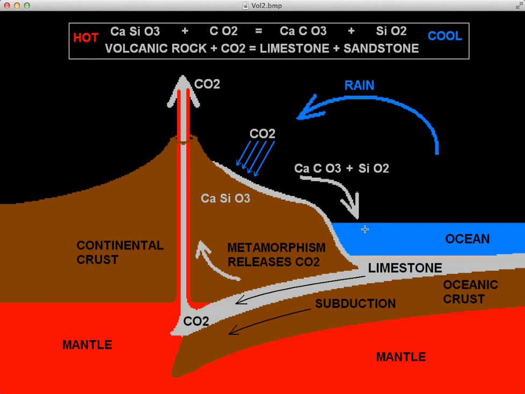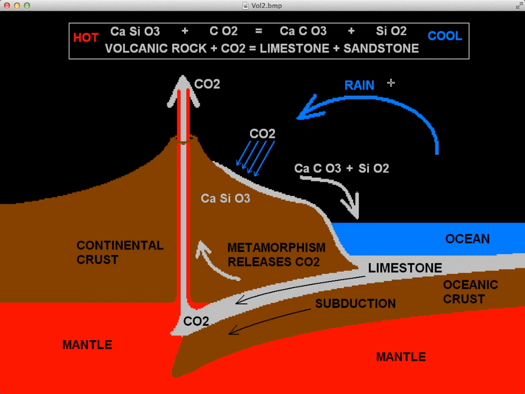Okay, so let me explain the process. Let's say, for example, the Sun heats up, like it has been doing over the past 4 billion years, and this causes more water to evaporate out of the oceans, and because more water evaporates out of the oceans, it means it rains more. And when it rains more, as we know, the carbon dioxide dissolves in the rainwater.